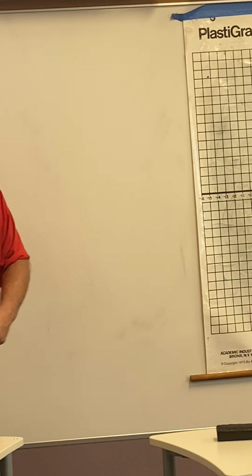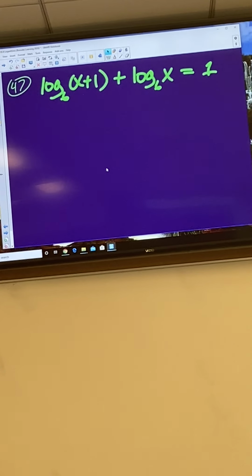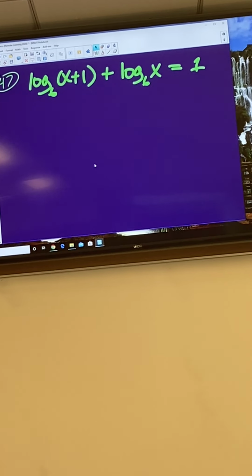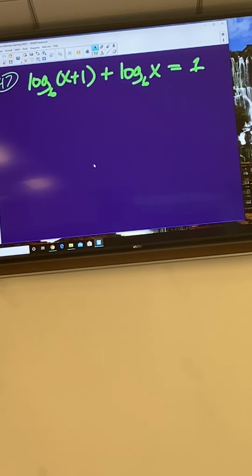Okay, here we go. This is number 47. Log base 6 of x plus 1 plus log base 6 of x equals 1. Okay. So clearly squeeze these guys together.